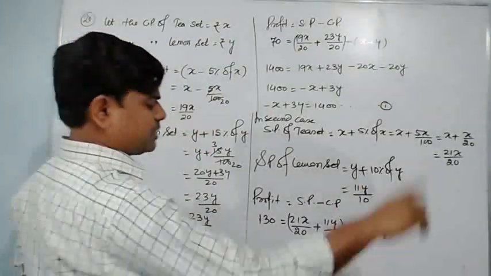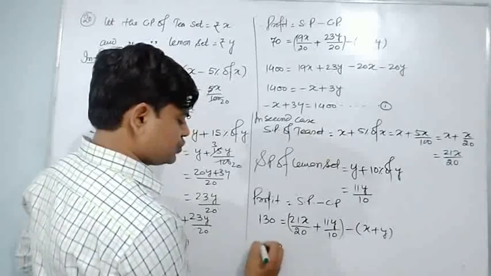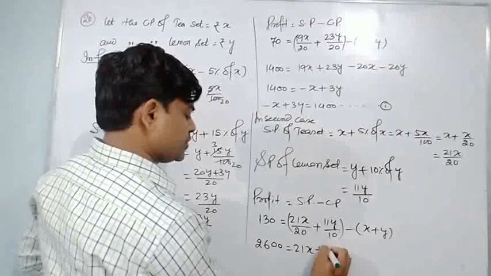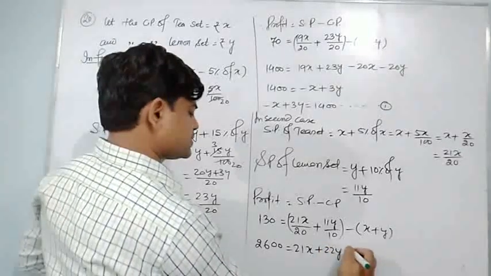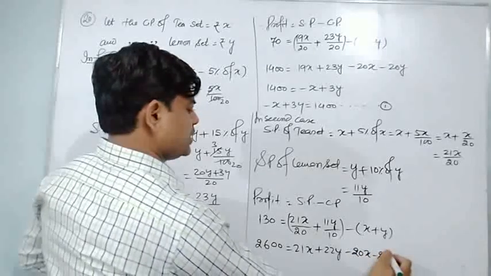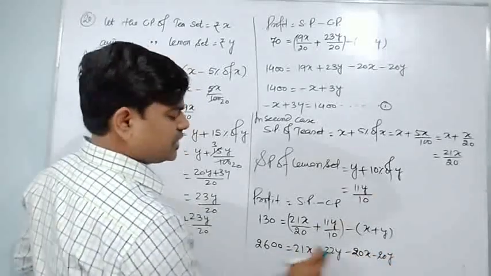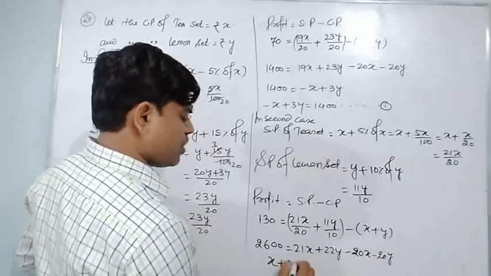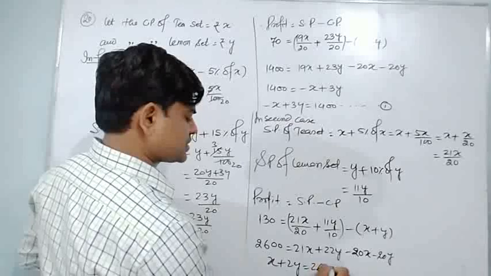I am going to multiply by 20. So it will be 2600, 21X plus 22Y minus 20X and minus 20Y. Subtract it. 21X minus 20X will be X. 22 minus 20 will be 2Y is equal to 2600.